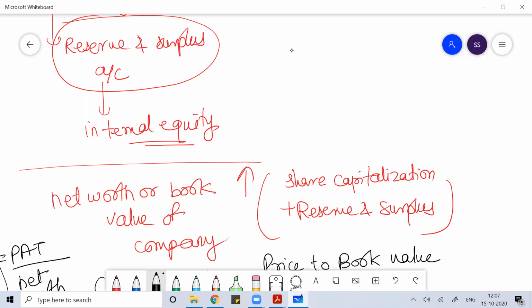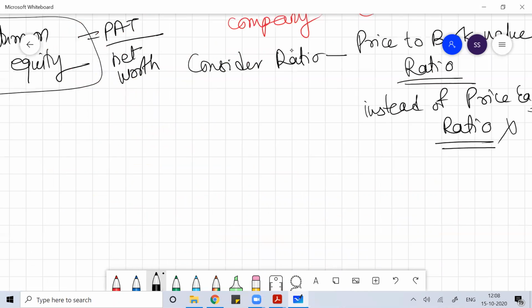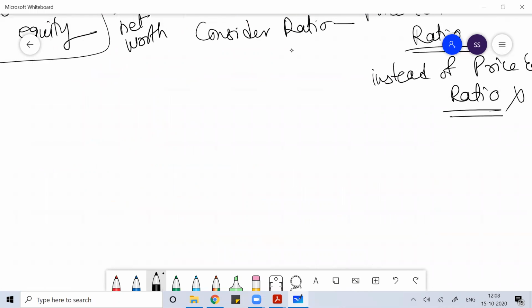So when we do investment in the market, how can we talk about the valuation of equity share, the valuation of ordinary share?